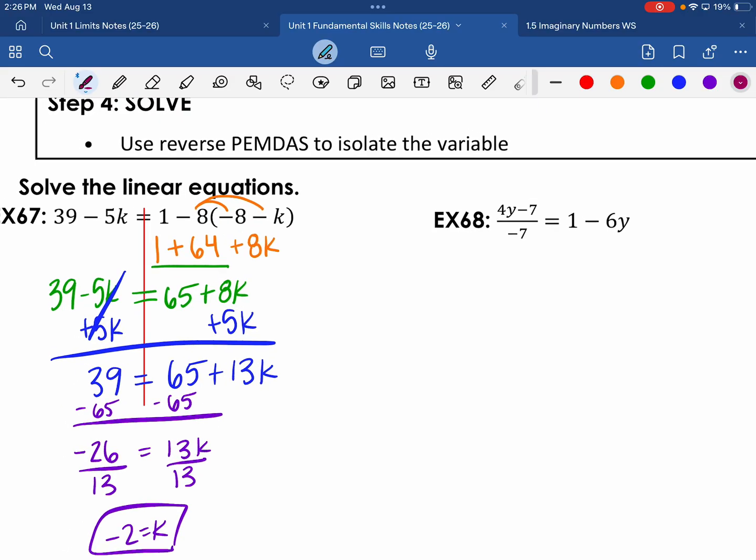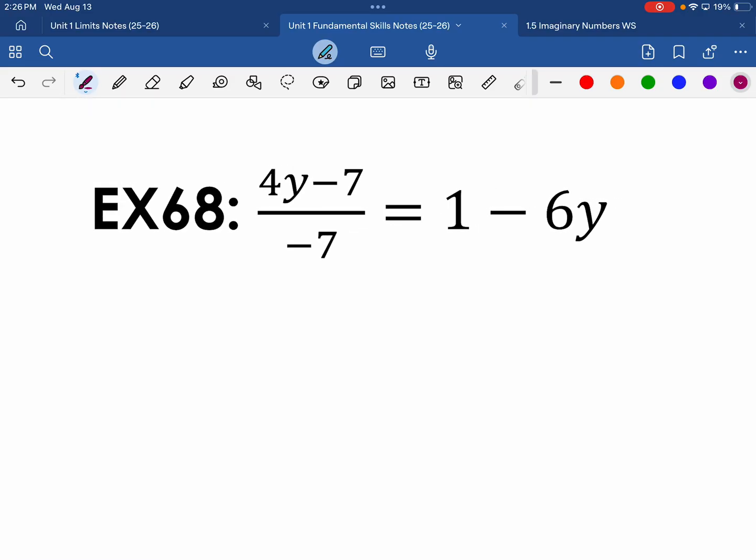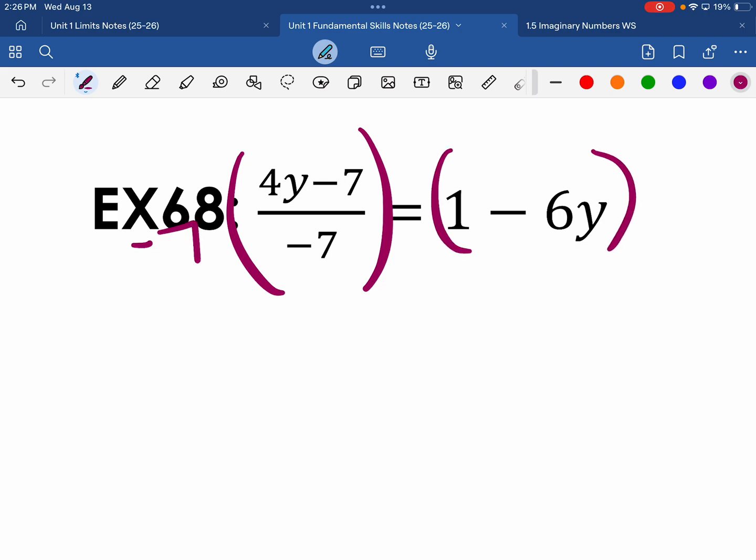For example 68, the first thing I see that I don't like is my fraction. So I'm dividing by -7. What would be the opposite of that? Multiplying. So I'm going to get rid of that by multiplying by -7. And if I do it to one side, I've got to do it to the other.